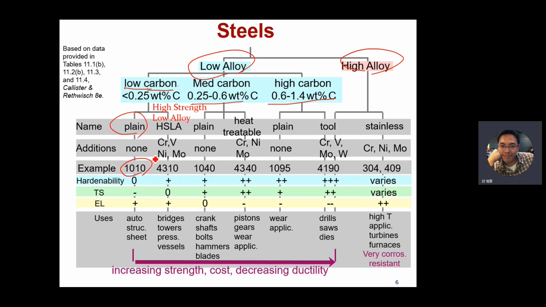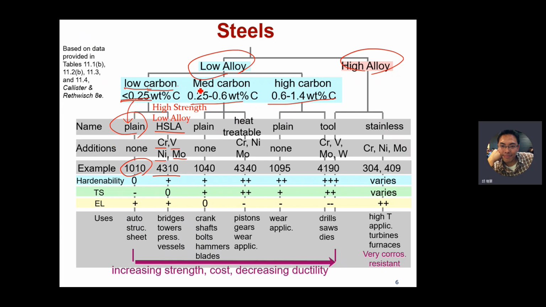For HSLA, which means high strength low alloy, the alloying elements include chromium, vanadium, nickel, and molybdenum, like steel 4310. Therefore, in this plain class, it's only with less than 0.25 carbon content.